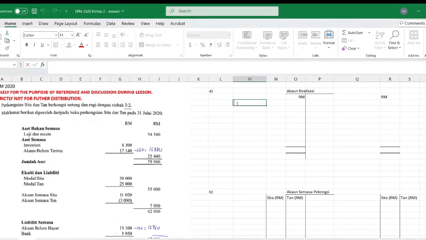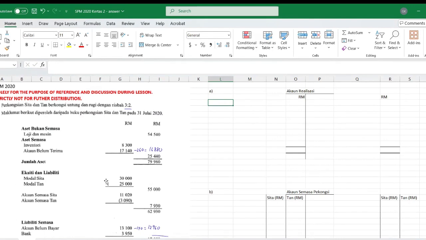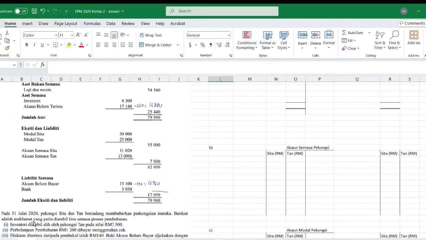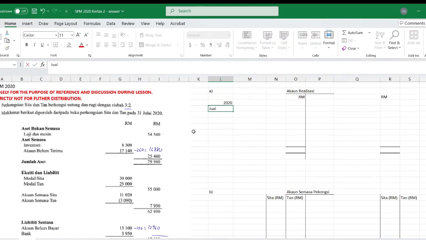So the dissolution date is 2020, 31st July. Okay, so on July 31st, you credit logi dan mesin, debit to account realisasi. So the cost of logi dan machine is 54,540.